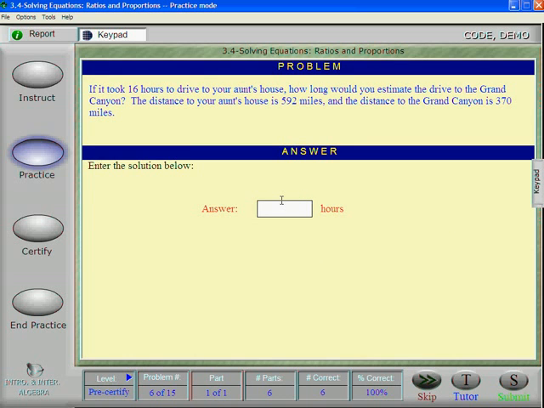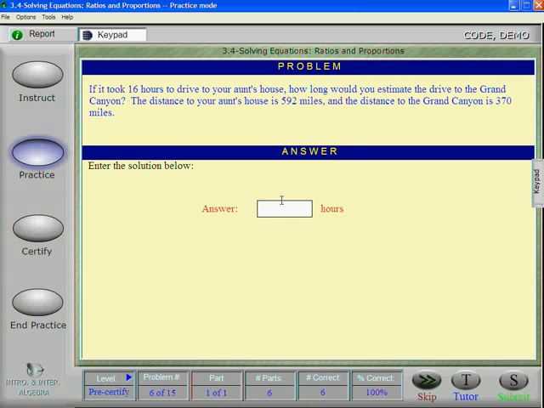If it took 16 hours to drive to your aunt's house, how long would you estimate the drive to the Grand Canyon? The distance to your aunt's house is 592. The distance to the Grand Canyon is 370 miles. So we're assuming we drive at the same rate everywhere we go.